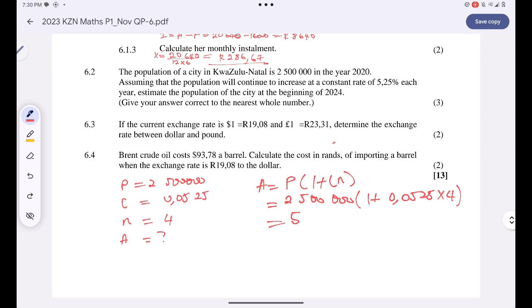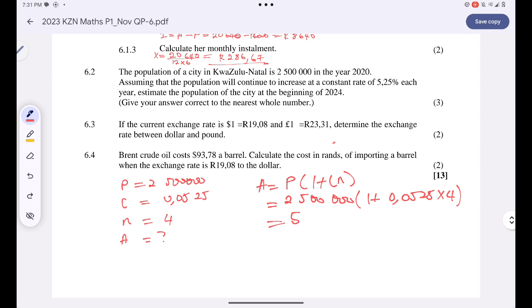Let me check, guys. Math is messing with me. What's going on now? Why am I punching things wrong?